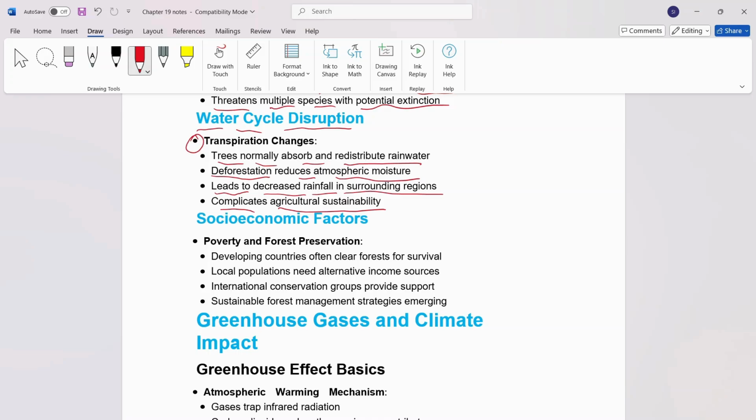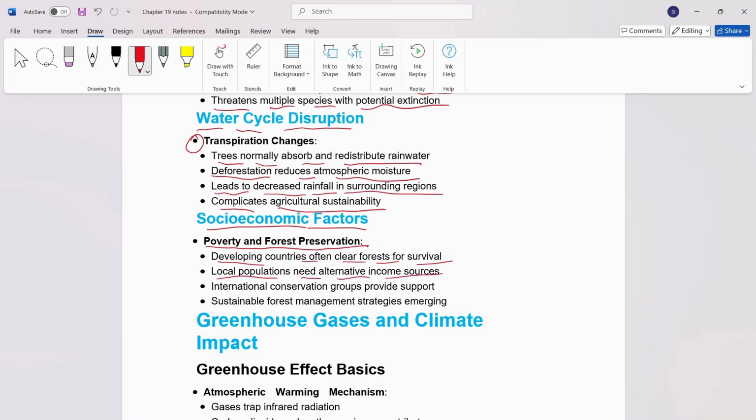Let's talk about socio-economic factors. Here we can talk about poverty and forest preservation. Developing countries often clear forest for survival, for population growth, for making their homes, for example. Local population need alternative income sources.